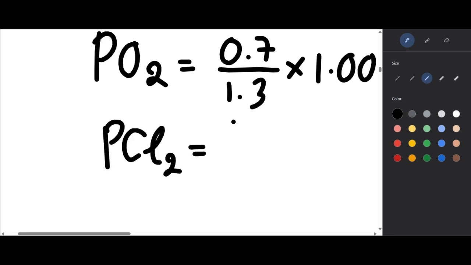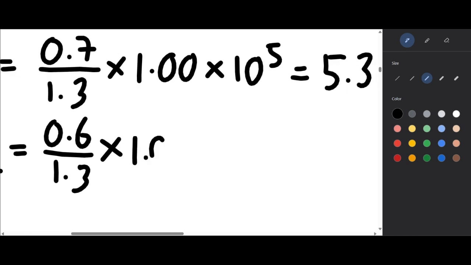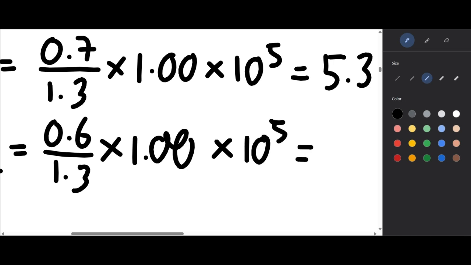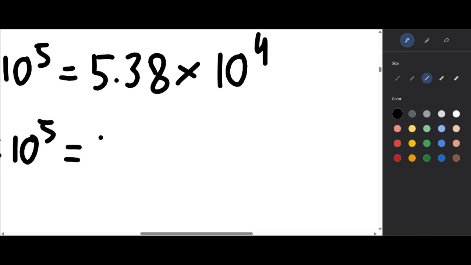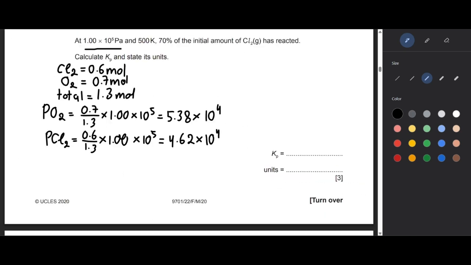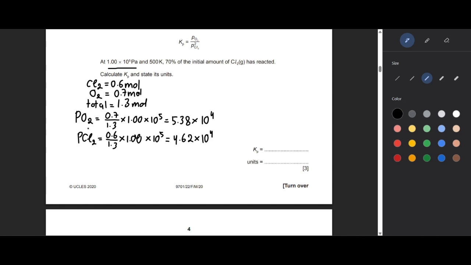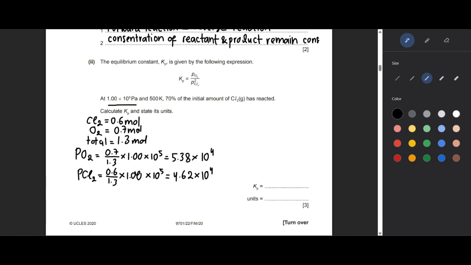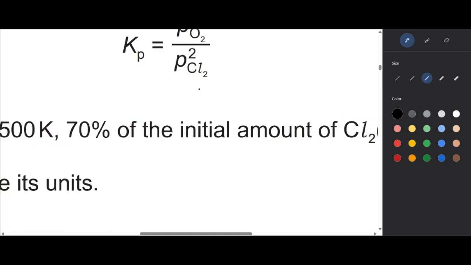PCl2 is 0.6 per 1.3 times 1.00 times 10 to the power of 5, which is 4.62 times 10 to the power of 4. We already get the PO2 and PCl2, so we just need to substitute into the formula.